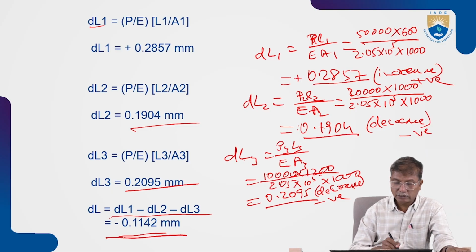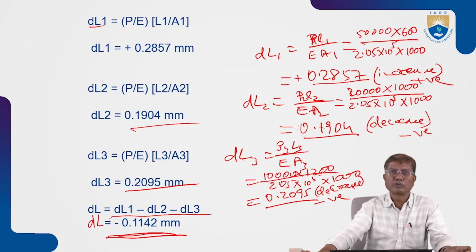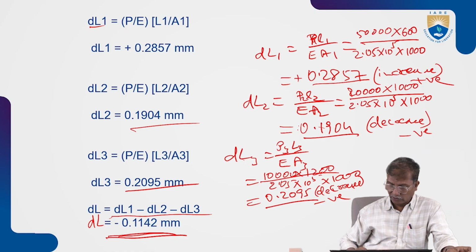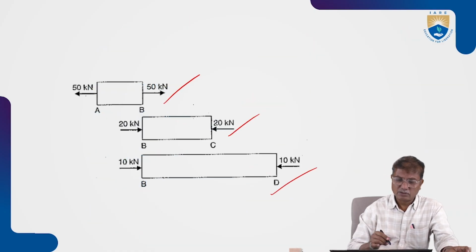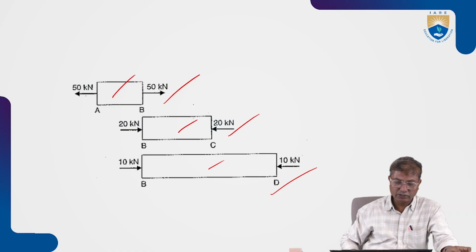So the net change in length DL is minus 0.1142. So there is net decrease in length by 0.1142 millimeters. Okay. So the length of BC and BD decreases and that of AB increases.